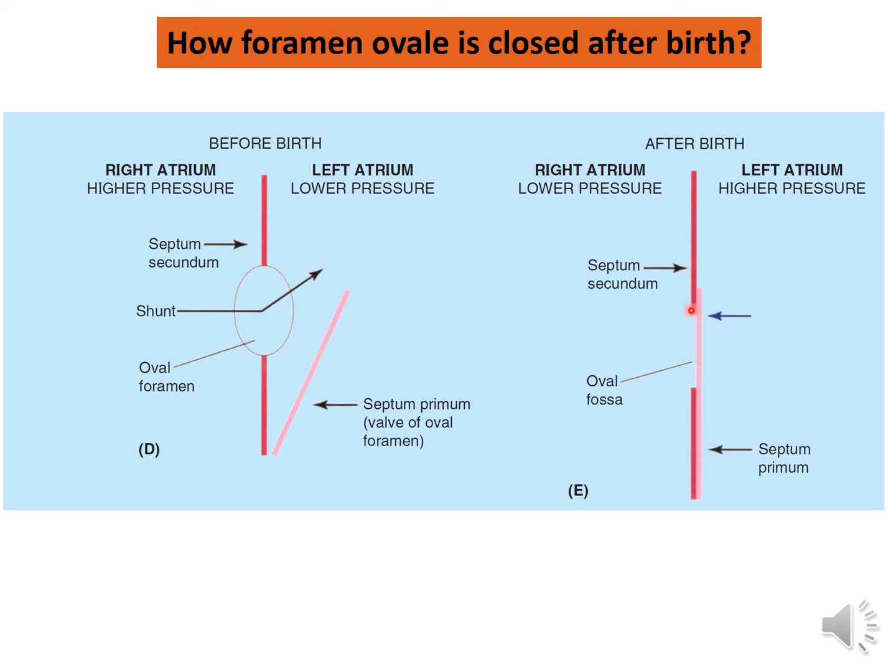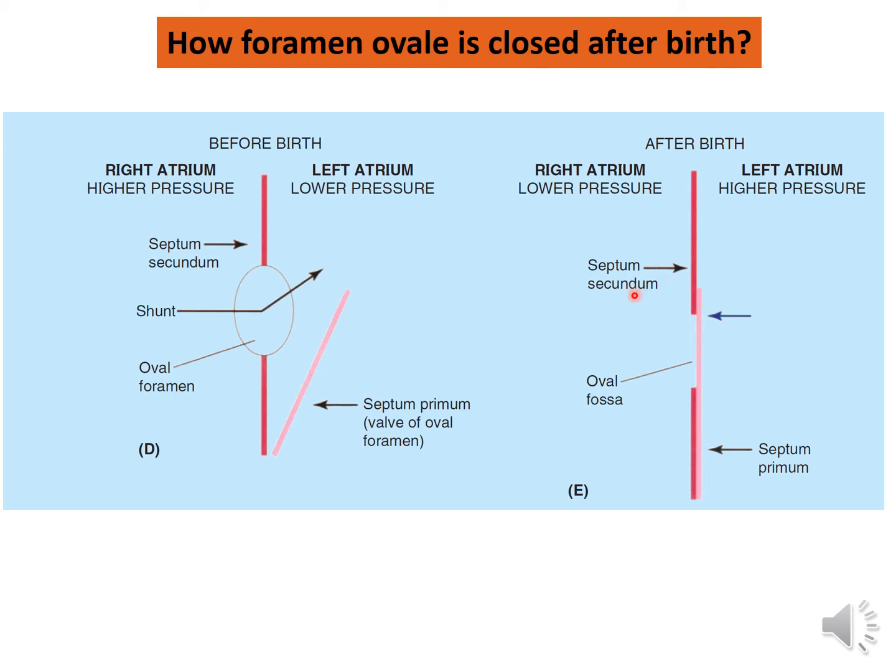Once it is completely closed, the upper part here, where exactly the septum primum is closing your foramen ovale, forms a saucer shaped depression in the adult interatrial septum, which is called the fossa ovalis, and the margin which is formed by the septum secundum in the adult is called the limbus fossa ovalis.